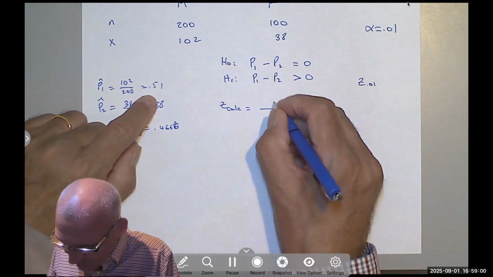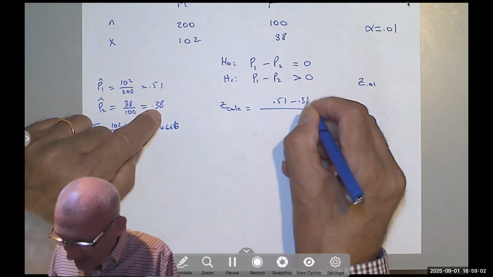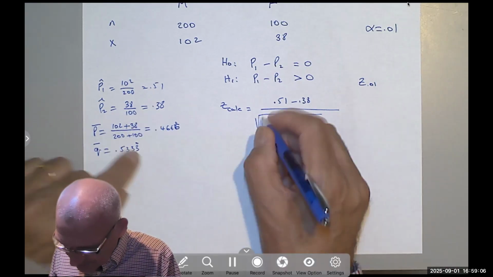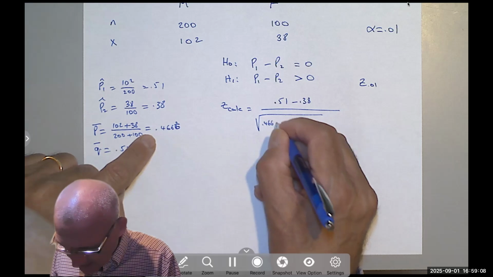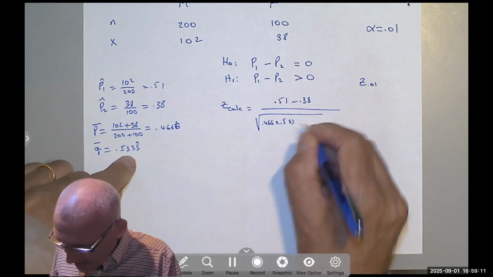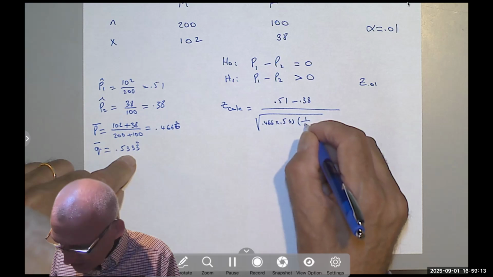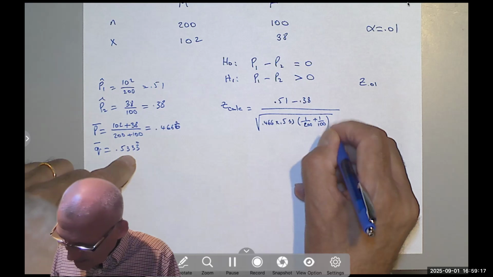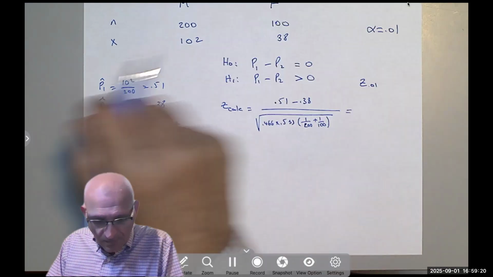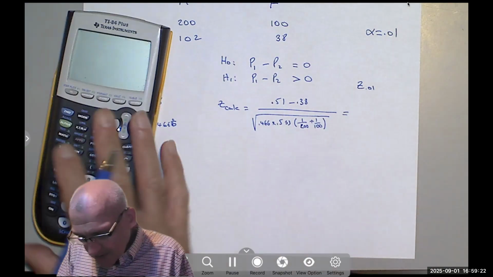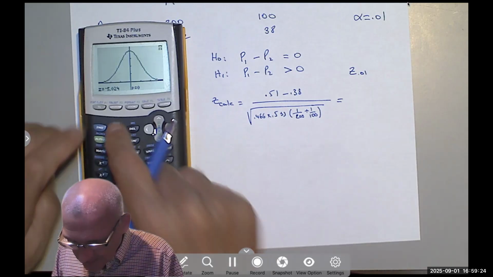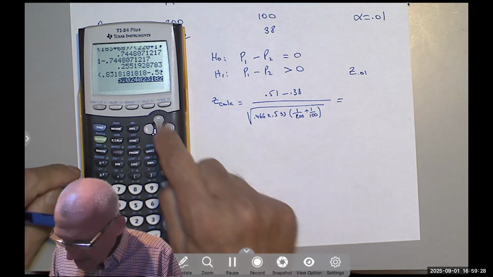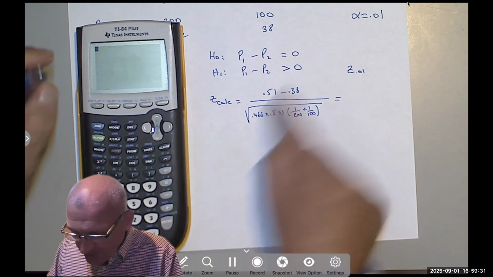So 0.51 minus 0.38 minus 0 over the square root of 0.466 times 0.533 times 1 over 200 plus 1 over 100. And use the calculator and get, let's clear those. So I know the numerator is 0.13.